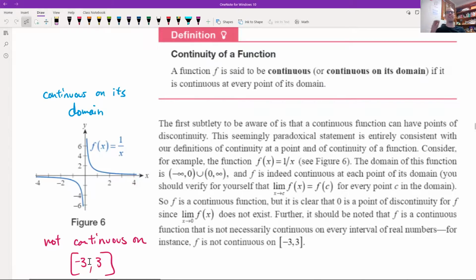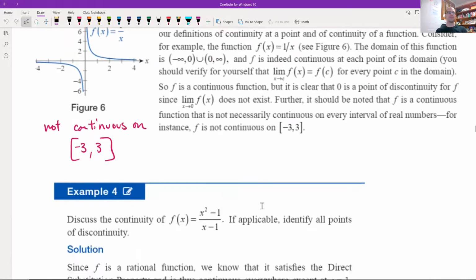And so having a discontinuous point at 0 means that we would not be continuous on that entire interval because there would be a discontinuous point. So I know that this is a little weird, but continuous functions can have discontinuous points as long as those discontinuous points are not in their domain. I guess that's the best way to say it.